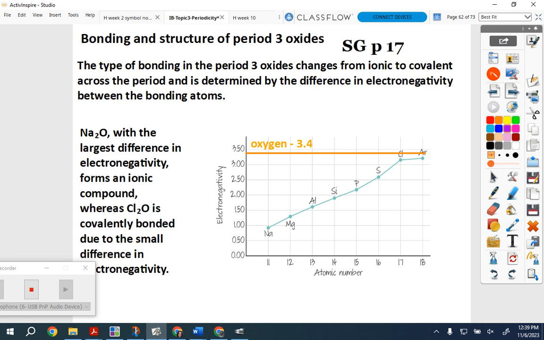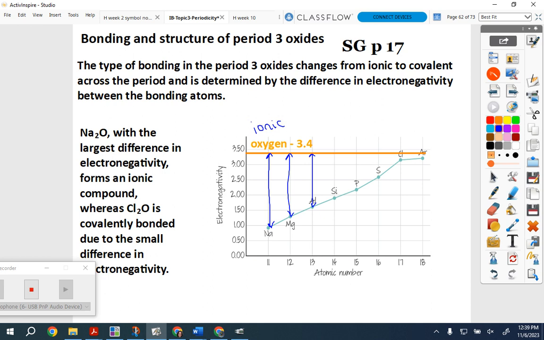Okay? And so you can see that there's a big difference in electronegativity between oxygen and the metals. Okay? Big differences in electronegativity lead to bonding where the more electronegative element yoinks the electrons away from the less electronegative element. So this is going to create ionic bonding, ionic compounds.